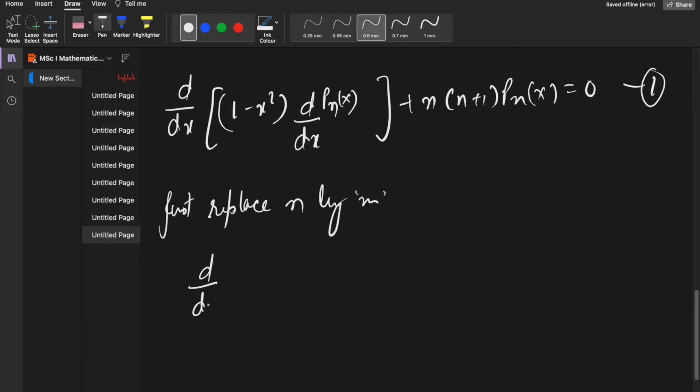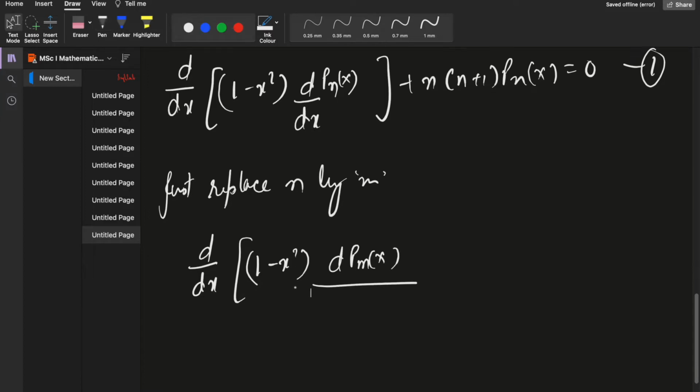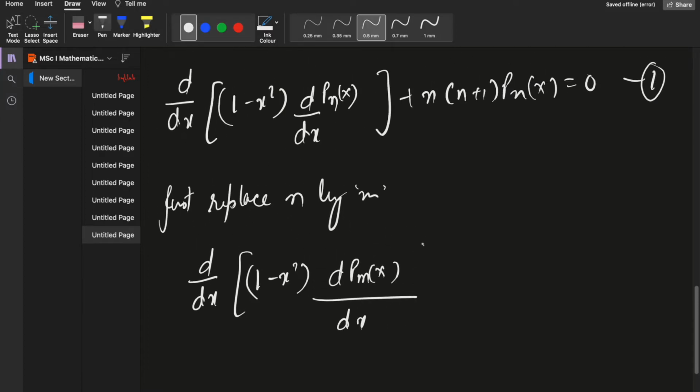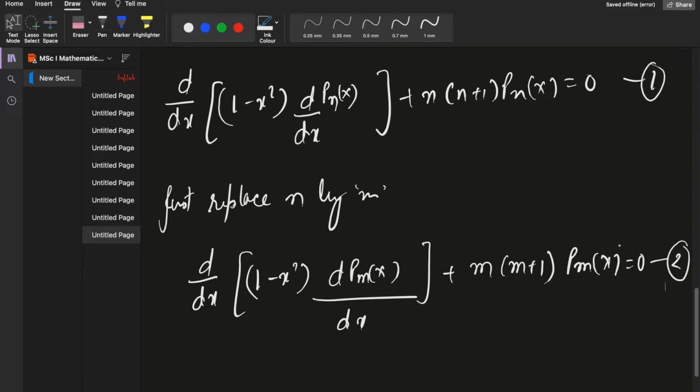So d upon dx of (1 minus x square) dPm(x) upon dx plus m(m plus 1) Pm(x) is equal to 0. This is equation number 2. So we have two differential equations in terms of Pn and Pm(x). Alright.